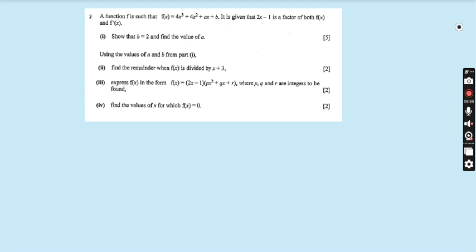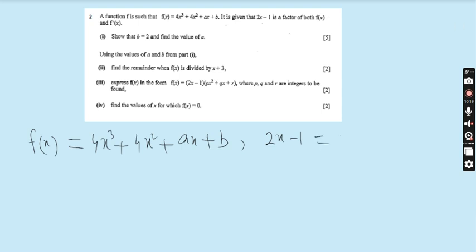So the given expression is f(x) is equal to 4x cube plus 4x square plus ax plus b. It is given that 2x minus 1 is a factor, so x is equal to 1 upon 2.